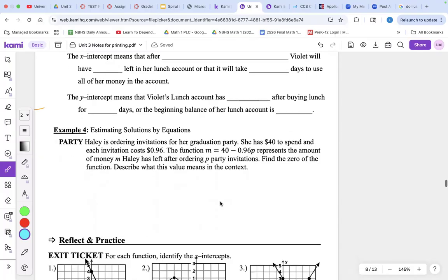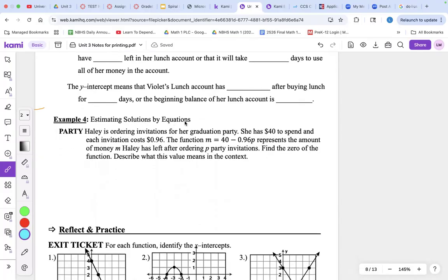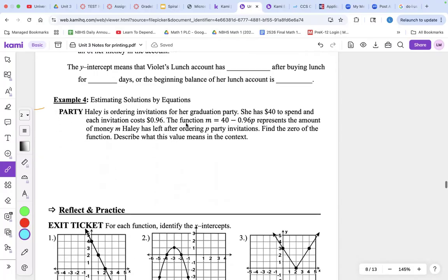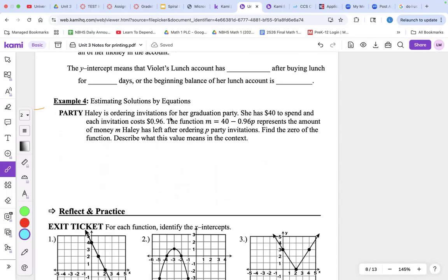All right, example 4, estimating solutions by equations. So here it says Haley is ordering invitations for her graduation party. She has $40 to spend. Each invitation costs 96 cents. The function m equals 40 minus 96 cents per invitation.